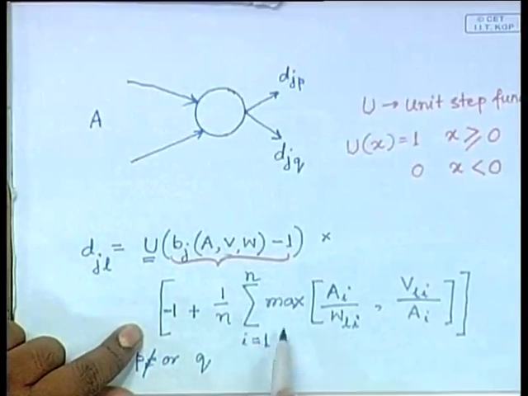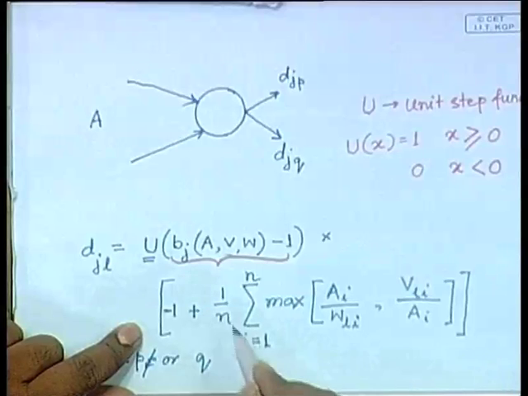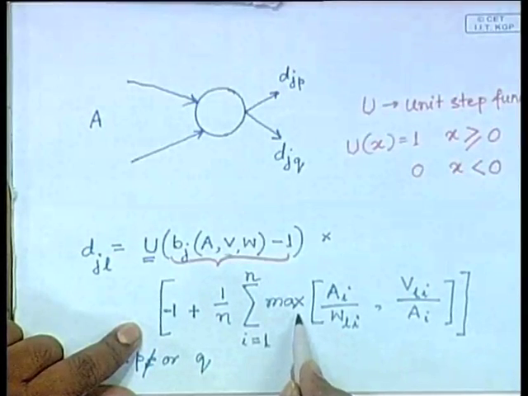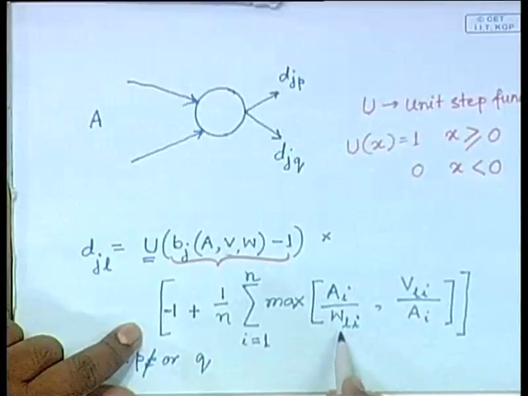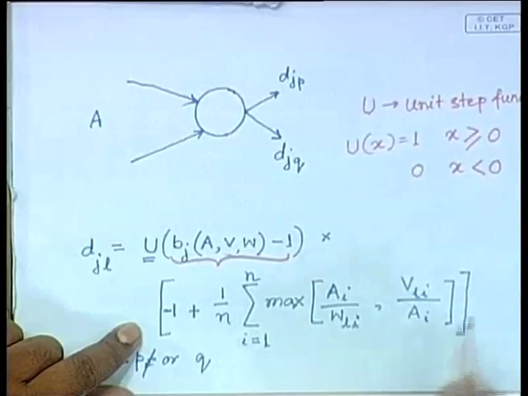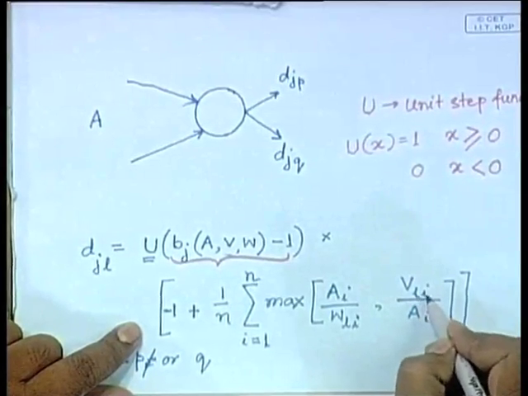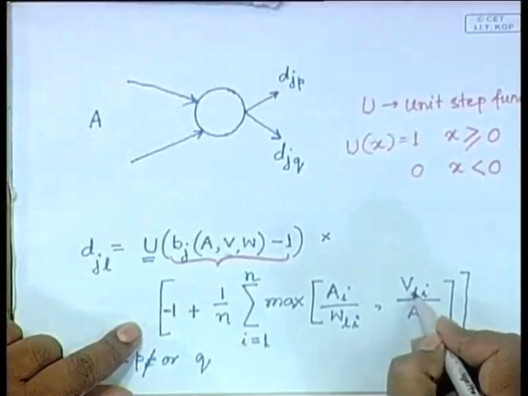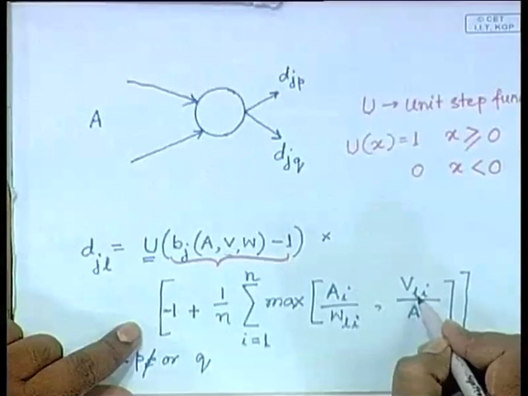Okay. Now, here you find that the computation is 1 upon n into summation of max function a i by w L i. W L i is the ith component of the max point of W L. Similarly, V L i is the ith component of the min point of V L. Okay.